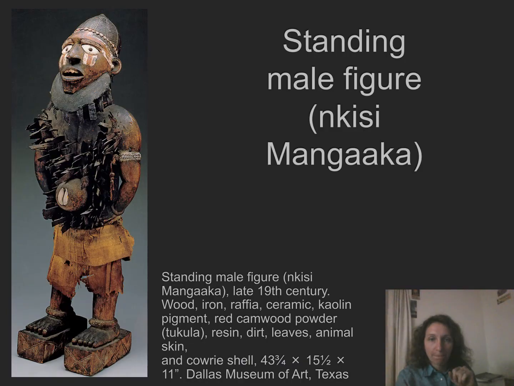So this is the standing male figure, and this is used in medicine, basically, which is, in layman's terms, voodoo medicine. Over time, this standing male figure has spikes or metal pieces inserted and then removed from him. There's this idea that when these objects are being removed, there's a change of power.